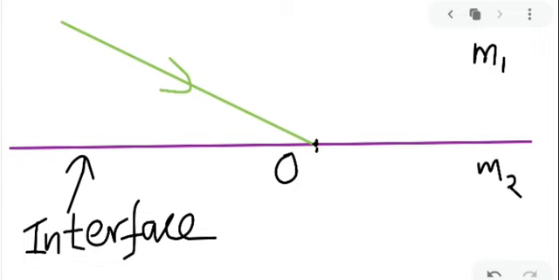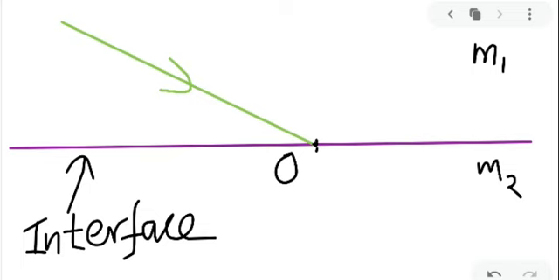So don't think that the interface is actually a straight line. An interface between two media is actually a plane. It's a flat surface. So the beam of light comes from one medium and is incident on this flat surface at a given point, and that point is called the point of incidence.